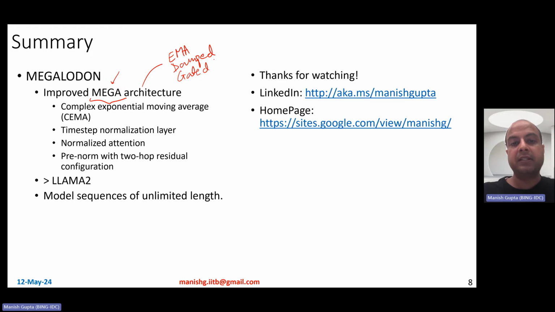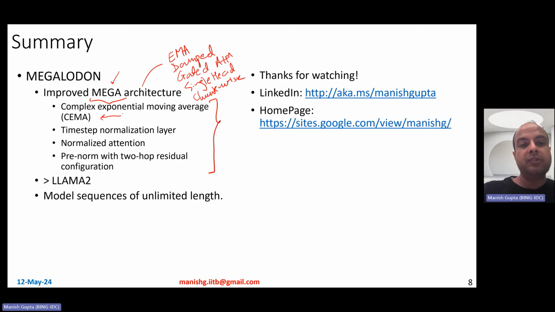They said that attention is good, but you should not always use attention. So gating is useful. They also brought in this concept of single head gated attention, so they now don't have a multi-head framework there. Okay. And then lastly, they brought in this concept of chunk-wise attention, right? And then Megalodon improved on top of these concepts further by extending EMA to CEMA.